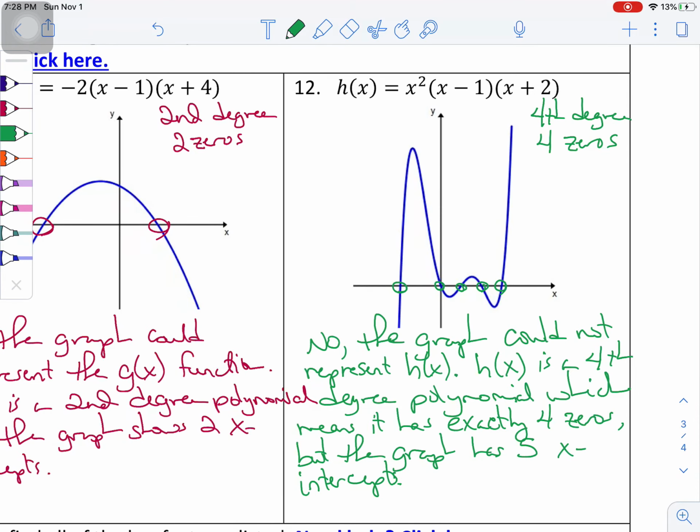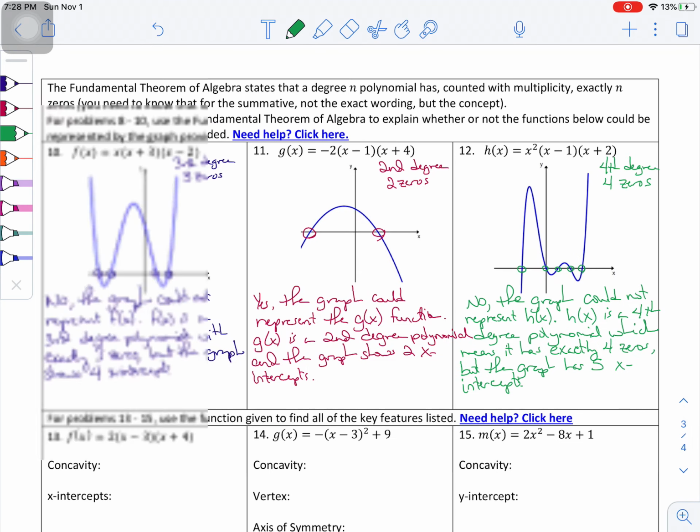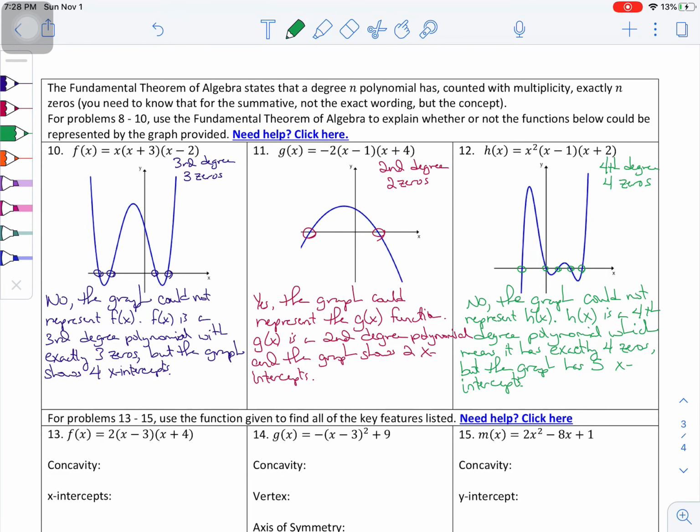All right, so that's the idea behind the fundamental theorem of algebra. So you don't have to know the exact wording of it, but understand the idea that an n-degree polynomial, so whatever n is, has to have n zeros, okay?